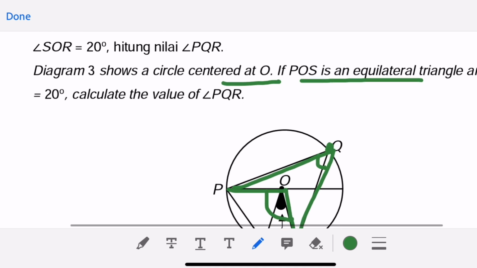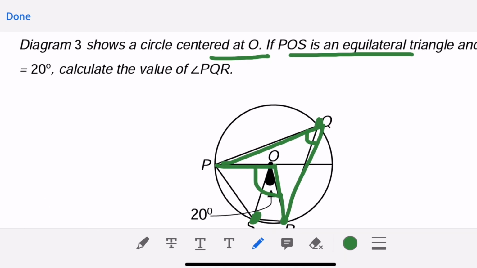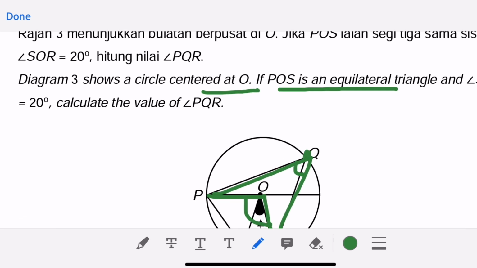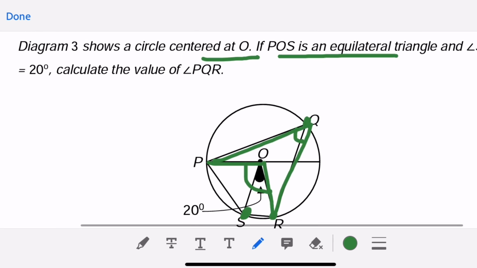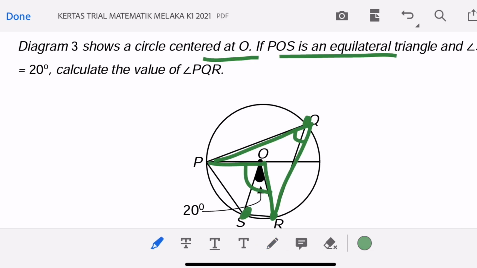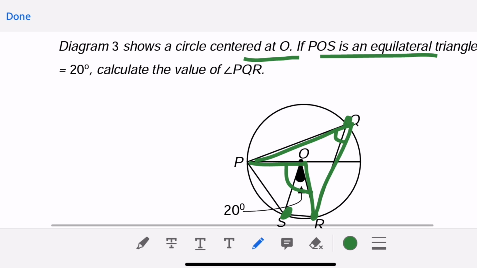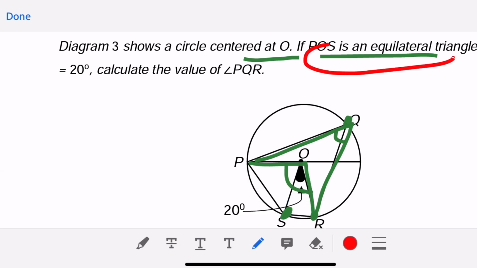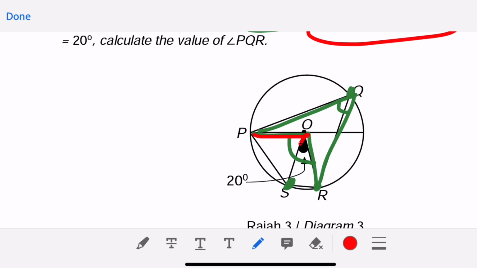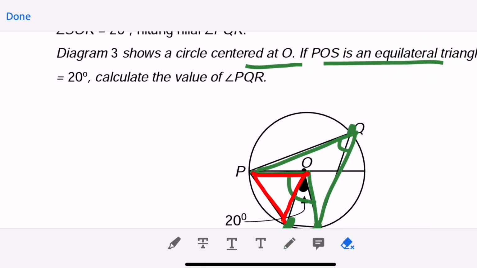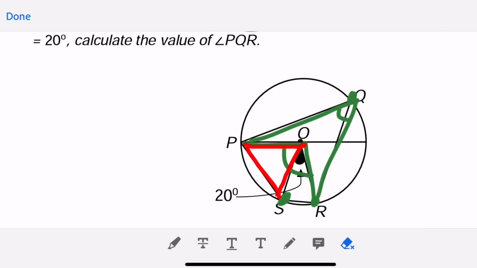So first of all, equilateral, right? They told us equilateral. Read the question carefully. We were given an equilateral triangle. POS is the equilateral triangle.